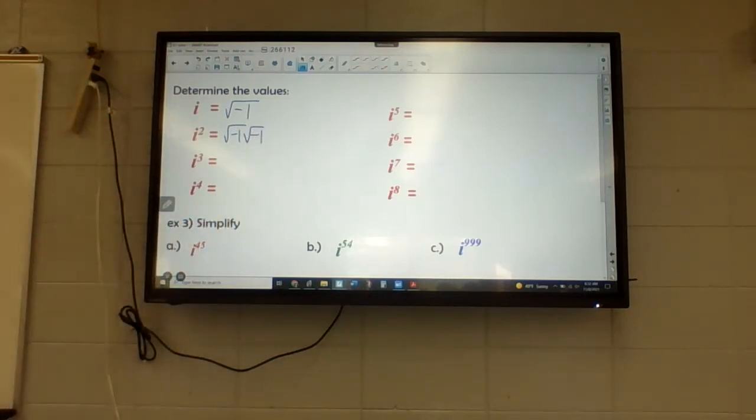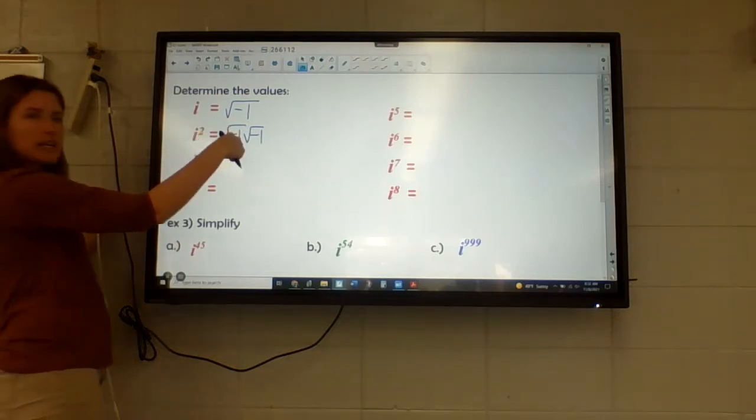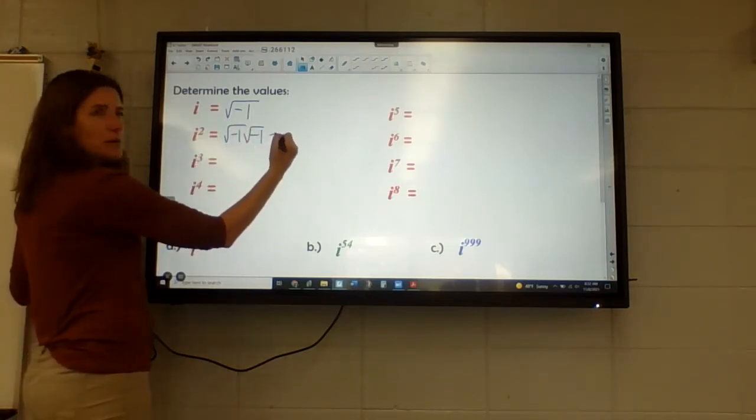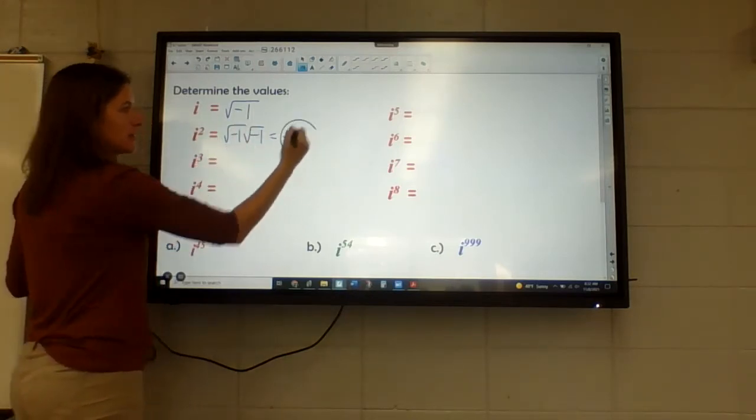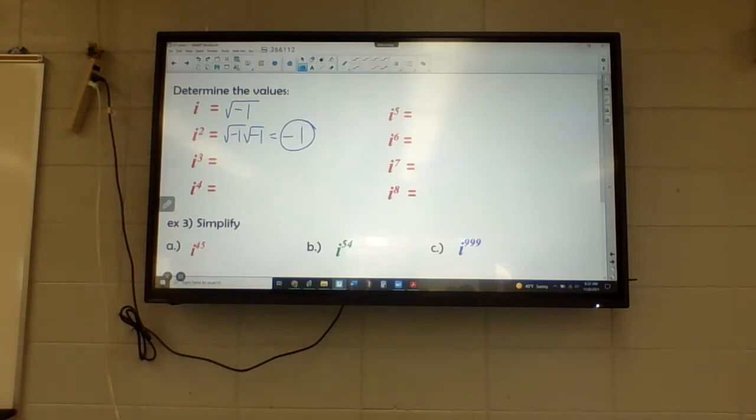What's the square root of -1 times the square root of -1? It's i times i. Not 1, -1. It's going to be -1. Those square roots are going to cancel each other off. So i squared is -1.